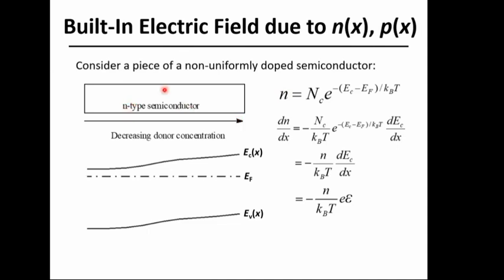Okay, here we said N-type, then this change dN by dx, we obtain it using that equation. As you notice, it becomes EC that is changing, not EF, since EF is uniform, and in here we are talking about the built-in electric field.